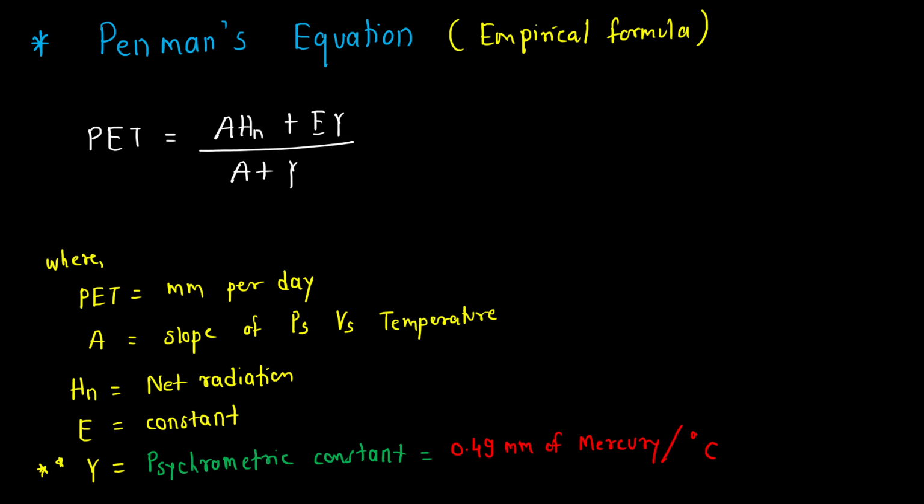Now coming to the next one, that is Blaney-Criddle's formula. As the temperature is given, I am giving one note here on the conversion of degrees Celsius to Fahrenheit.